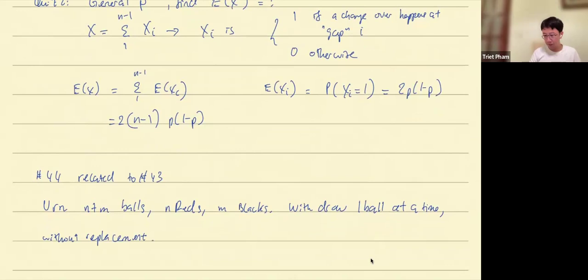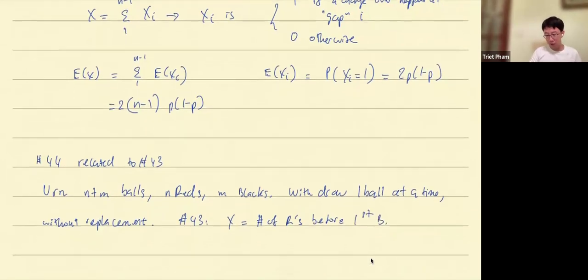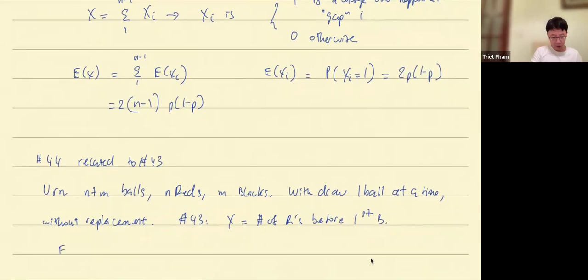And in question number 43, you're interested in the number of reds before the first black. And in particular, you're interested in the expectation of X.